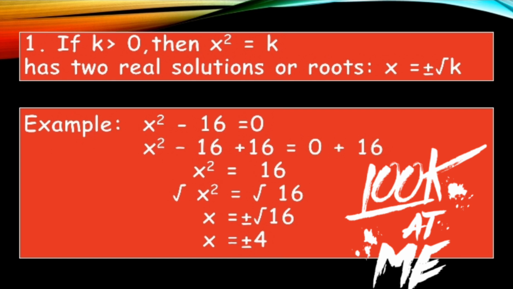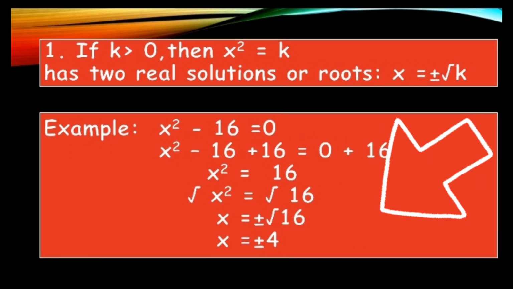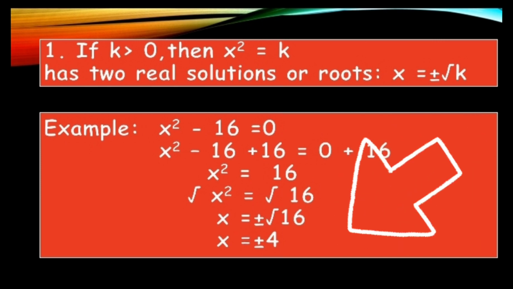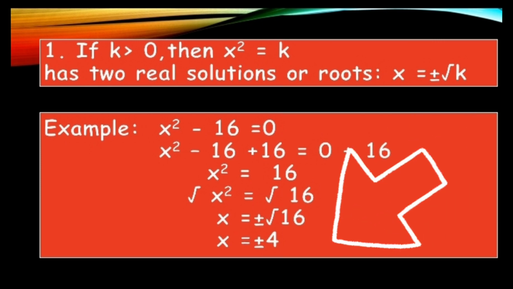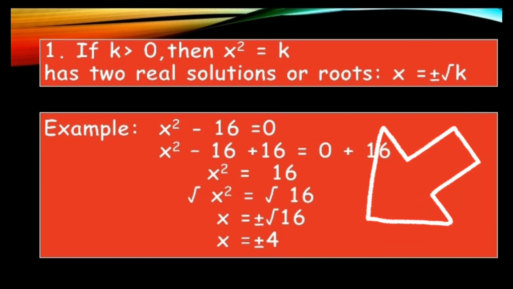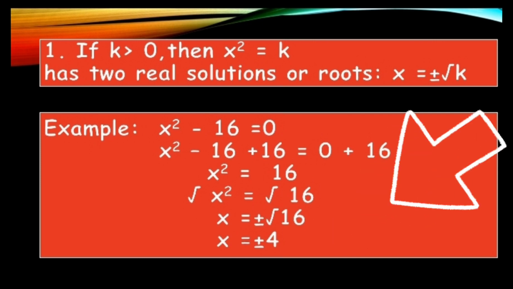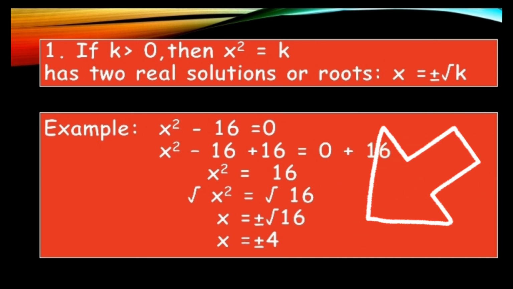So, we have x squared minus 16 plus 16 is equal to 0 plus 16. And to simplify, meron na tayo ngayong x squared is equal to 16. Because negative 16 plus 16 is 0.